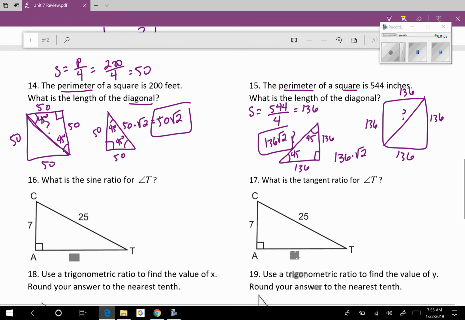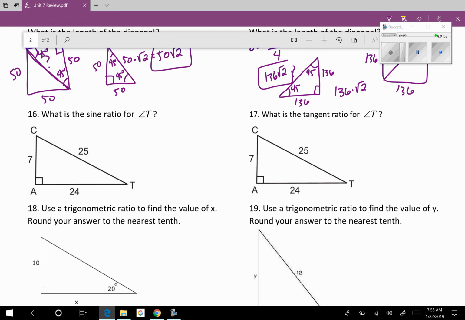All right, 16. What is the sine ratio for angle t? So we're going from the point of view of angle t. And we want sine. Sine is opposite over hypotenuse. So remember from SOHCAHTOA.